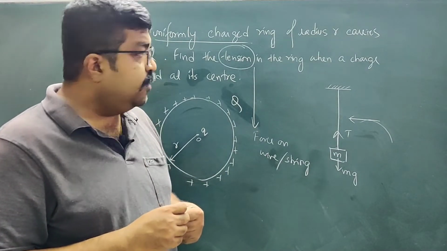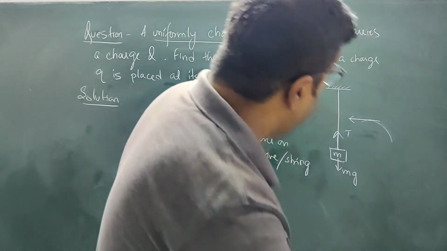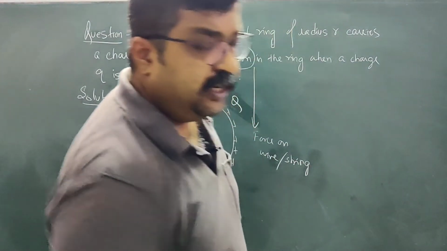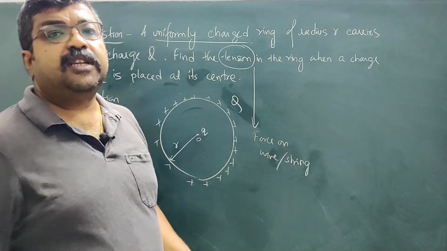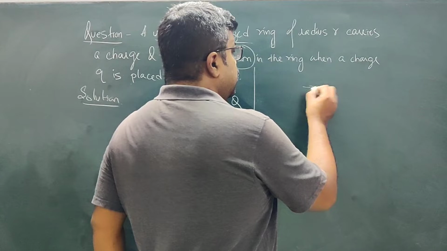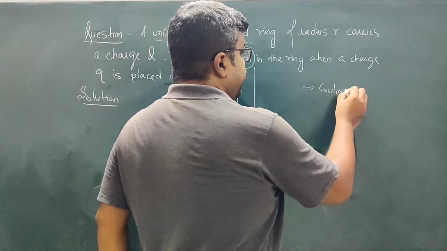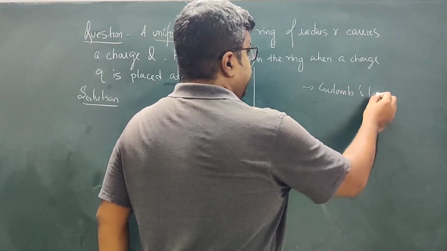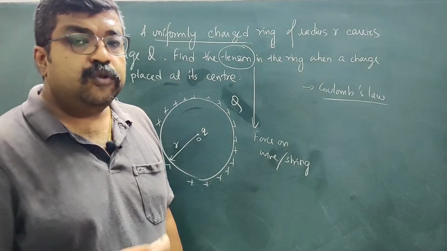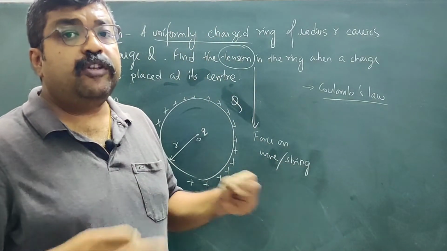Then you will recollect that in the chapter Electric Charges and Fields, the first chapter, there is a topic called Coulomb's law. This Coulomb's law is used to calculate the force between point charges.